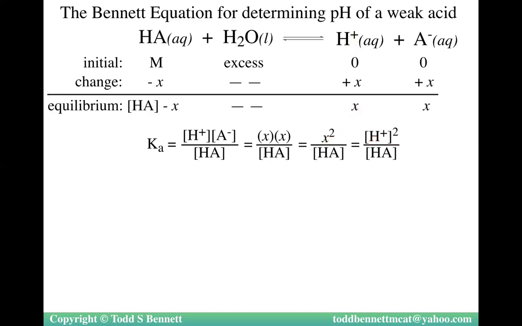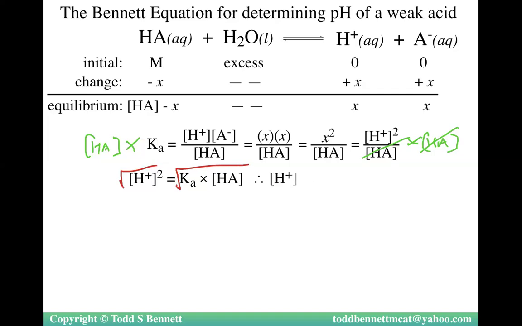So if I were to multiply each side times HA, those would cancel, and I'd be left with H plus squared equals the product of Ka times HA. Okay, I don't want H plus squared, I want H plus. So I'm going to need to take a square root of each side. The square root of H plus squared is H plus, so the square root of this.